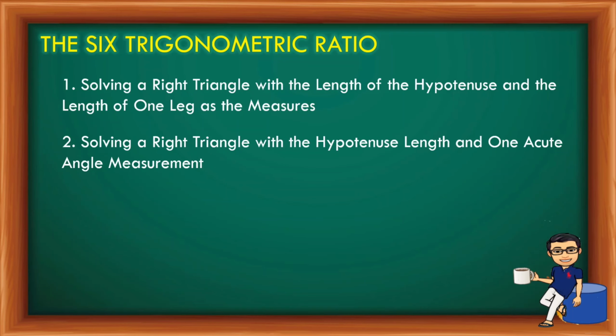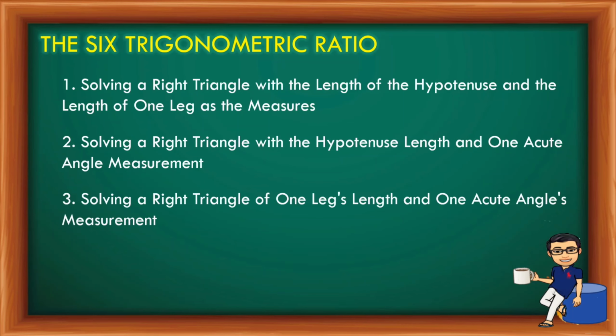Next is solving a right triangle with hypotenuse length and one acute angle measurement. Sukat ng hypotenuse at sukat ng isa sa acute angle ang given naman sa condition na ito. Third condition, solving a right triangle with one leg's length and one acute angle measurement.